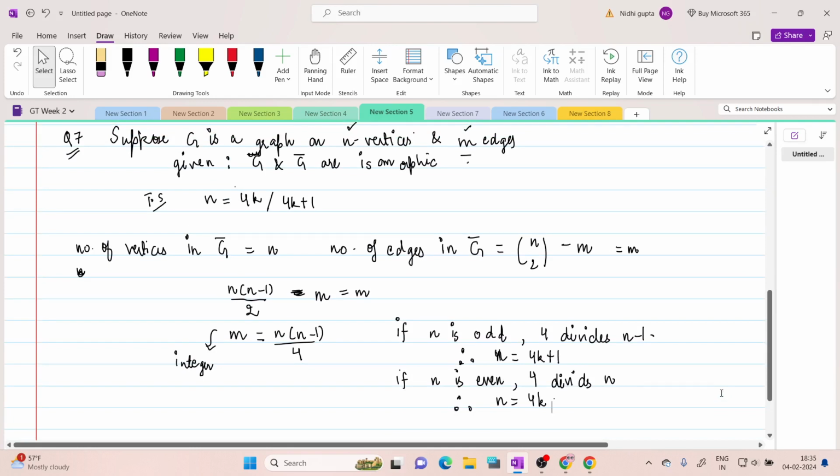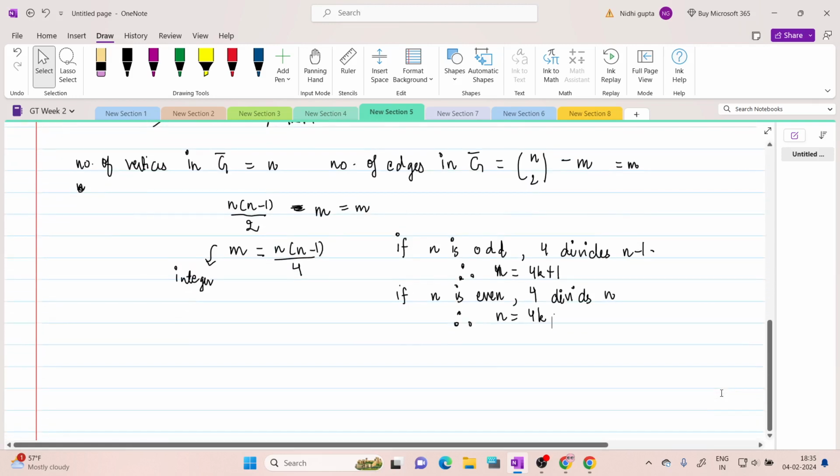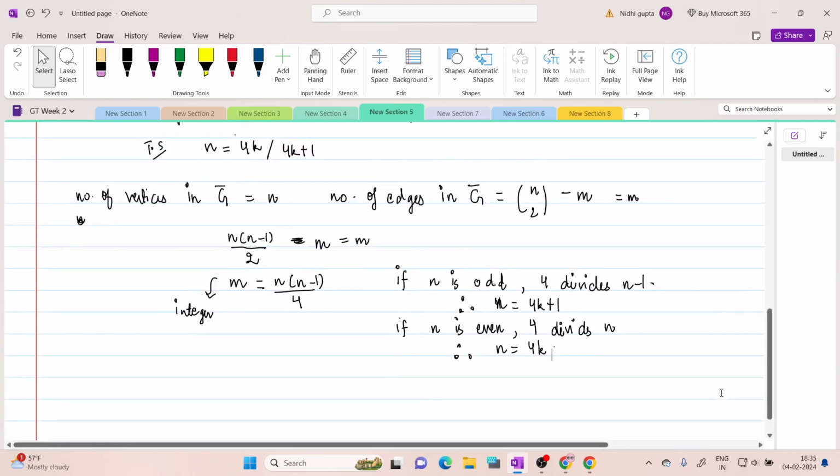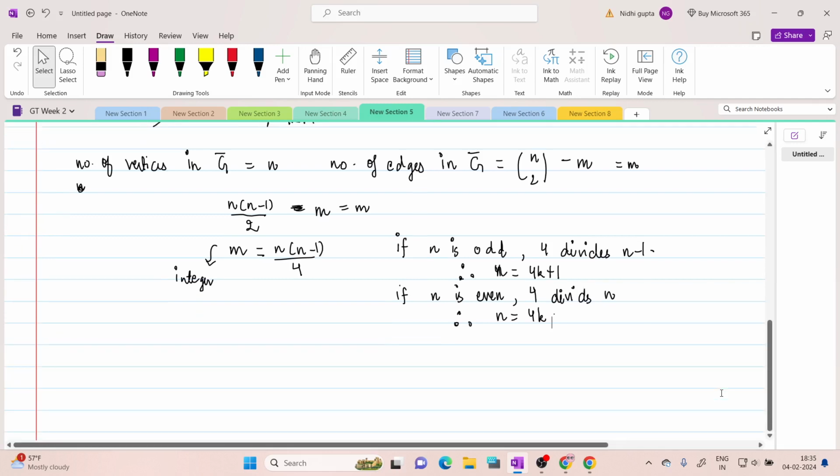His question is, we have shown that if G and G bar are isomorphic, then n should be either a multiple of 4 or 4k plus 1. But is the converse true? That is, if n is equal to, suppose, 4k or 4k plus 1, and G and G bar have the same number of edges, can we say that they are isomorphic?